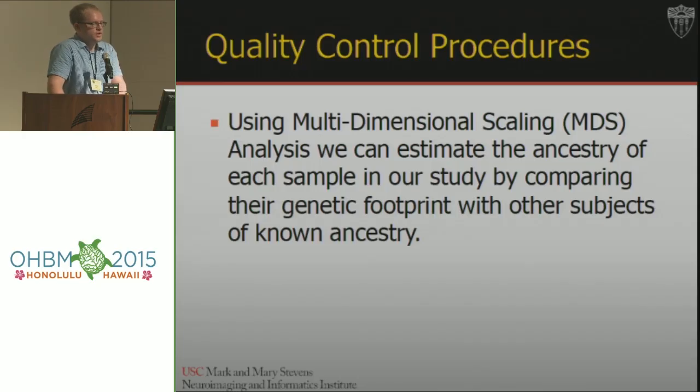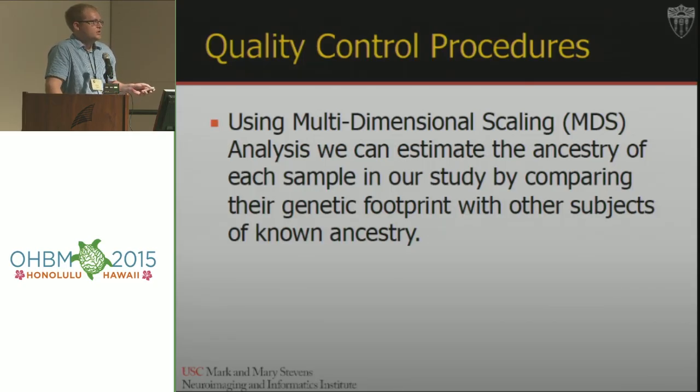So what do we do to avoid this? We use multidimensional scaling. There are a few other similar tools, but the basic idea is to compare subjects in your sample to subjects of known ancestry, and then compare the distance to those to assign your subjects a likely ethnicity.